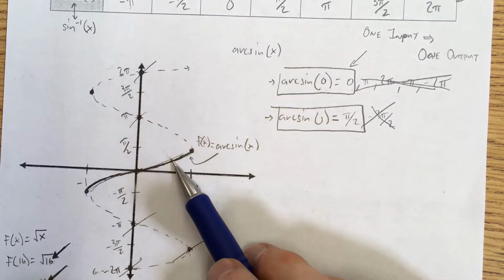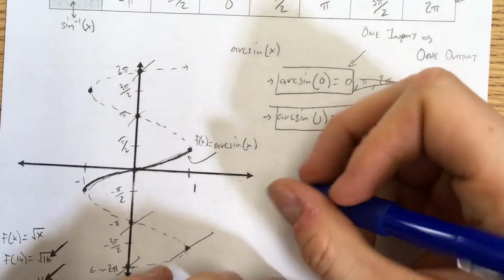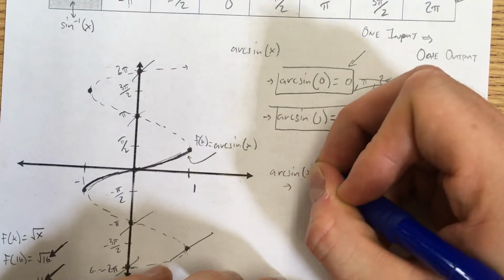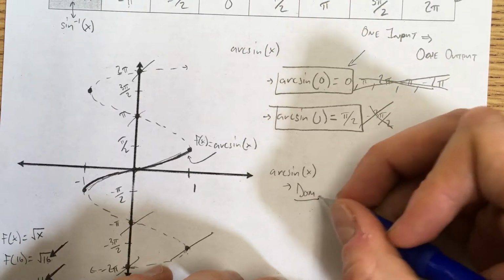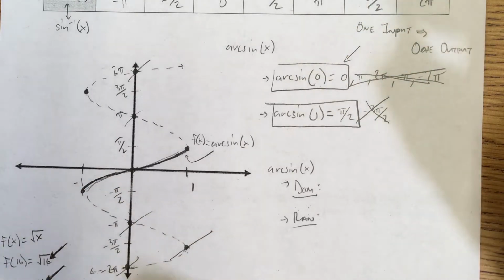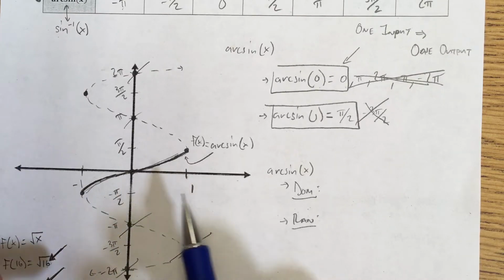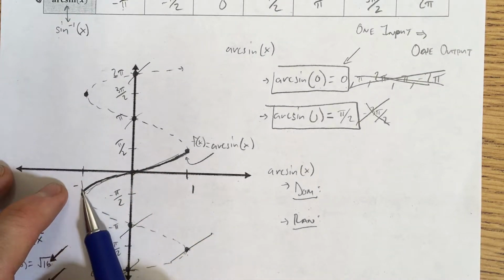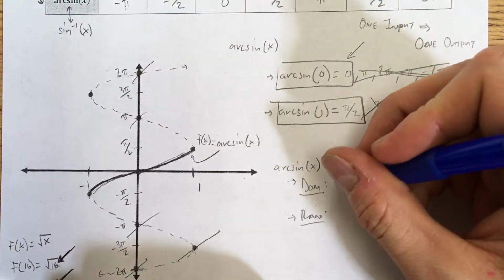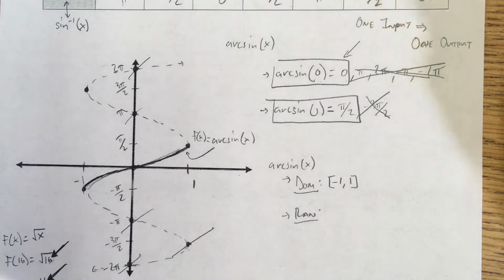So we have defined our arcsine function. And after we did this in class, what we talked about is if we have arcsine of x, we want to define its domain and its range. Well, if I'm talking about the domain, we're talking about all the x values the function can take. If I look as far left, it's going to -1. It's continuous and it stops at +1. So the domain for arcsine is -1 to 1.